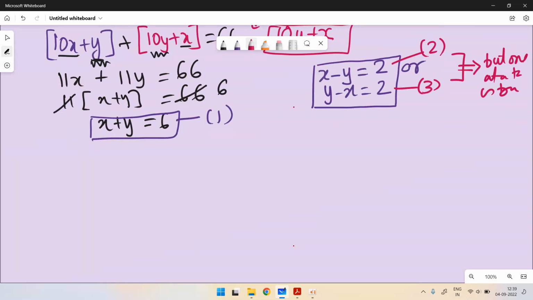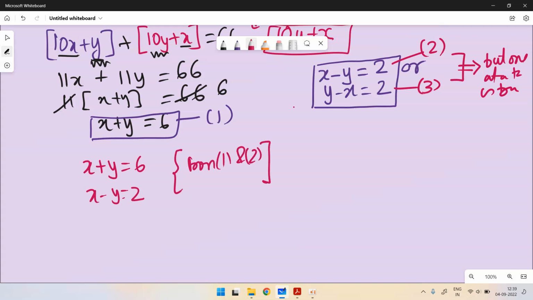So what you need to do, see, first from the first and second equation, x plus y equal to 6, and next is x minus y equal to 2. This is from 1 and 2. If you see, there is 1 into x, there is 1 to y, and there is minus 1 to y.